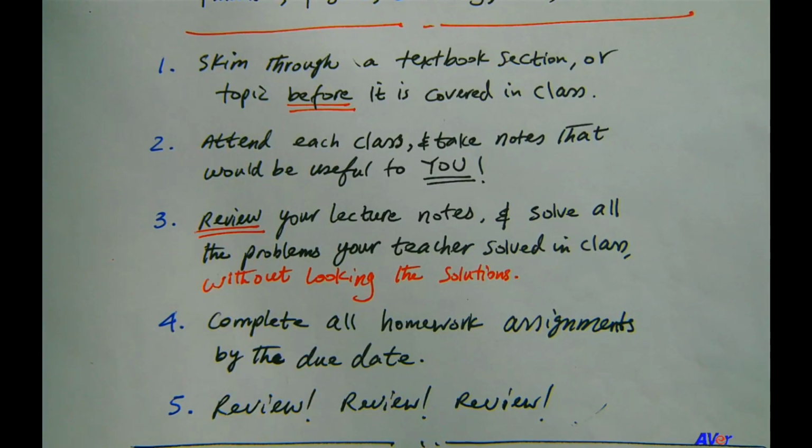It'll be very rare, unless it's a very lengthy section, that it might take you an hour or even an hour 15 minutes. But it's very important that you do it before you watch the video and before you attend class.